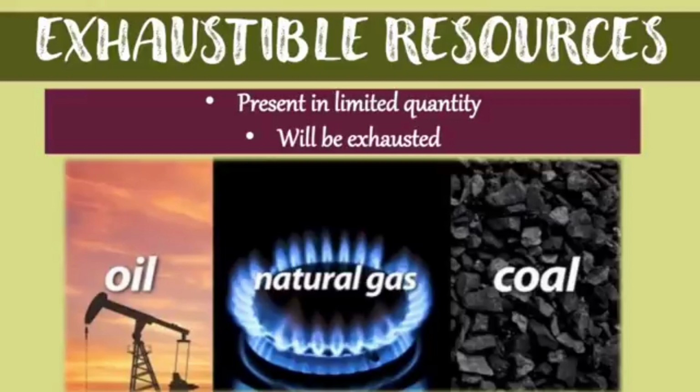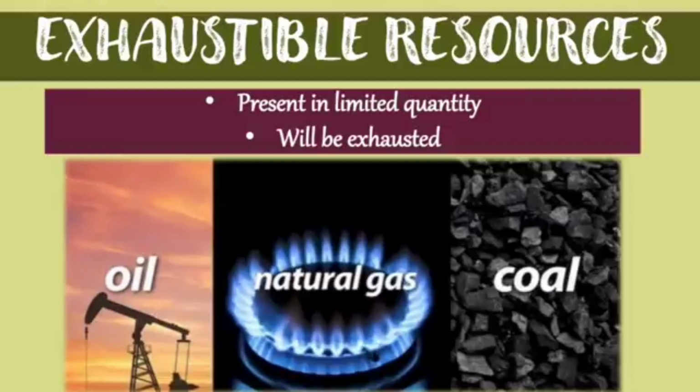Some things that we use in our daily life are very limited. Some resources are very limited in nature, and if we keep on using them more and more, one day the resources will come to an end, they will go extinct, and the people who are in need of them won't get them anymore.